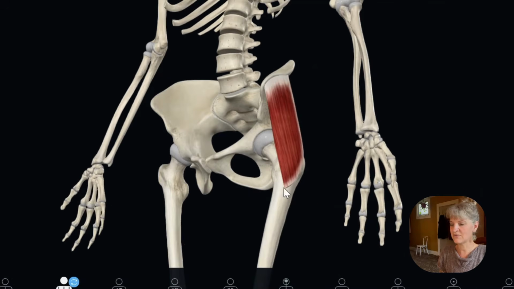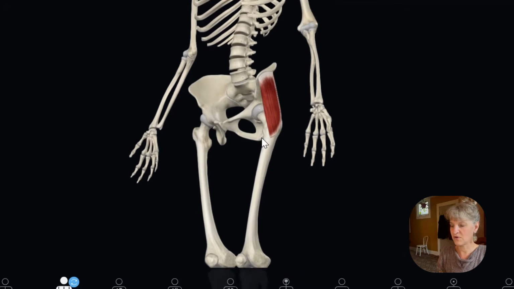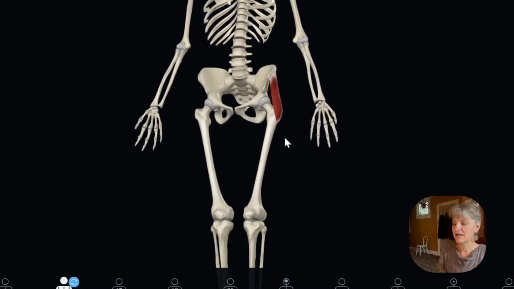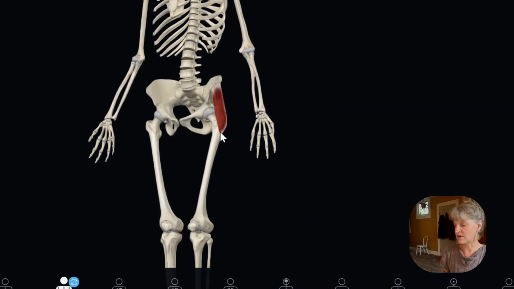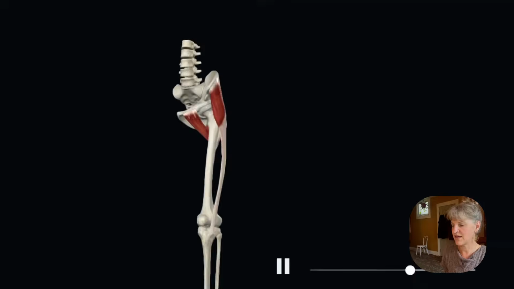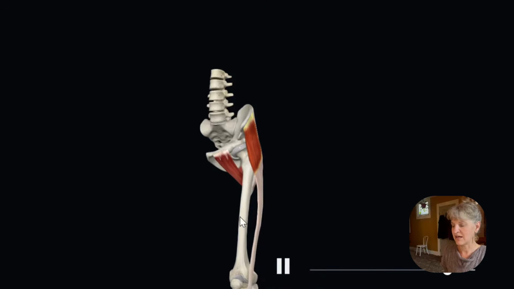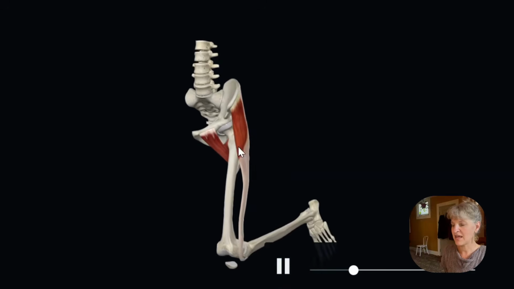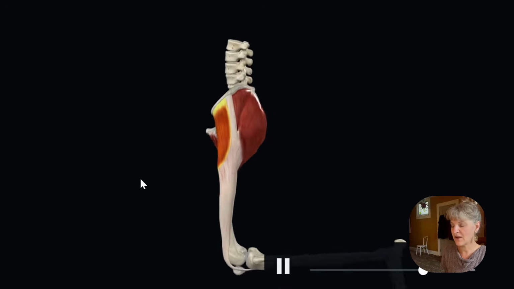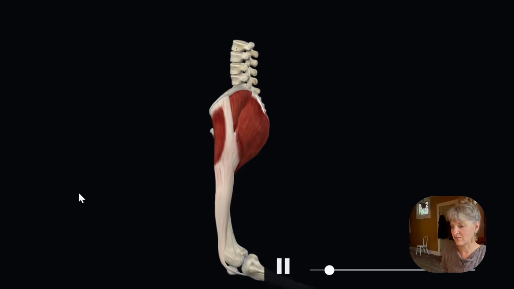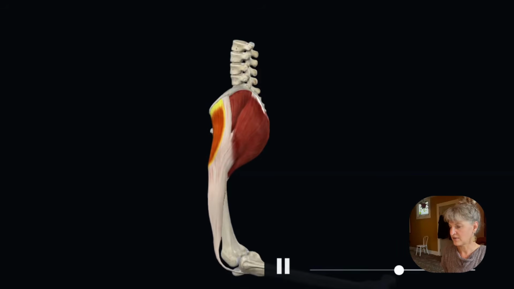It can be kind of a tender muscle for people if you go to work on it, but it can make a huge difference in people's range of motion and their comfort, because things get really tight in the front, and that puts a lot of pressure on the muscles in the back, and they have a lot of hip issues, hip aches in the posterior area if things are too tight in the front with that TFL. So that's why it's an important muscle for us to know.